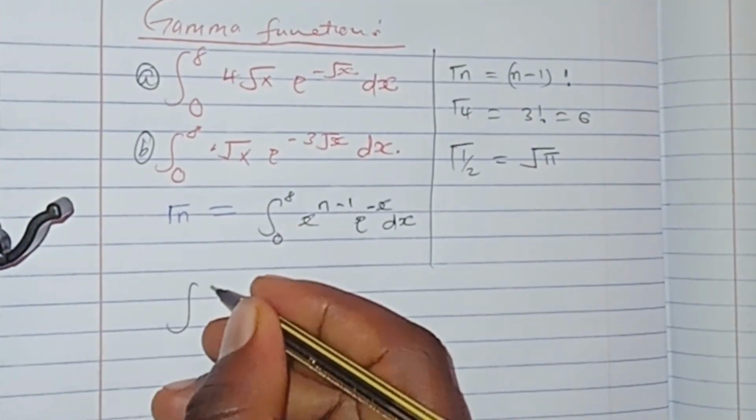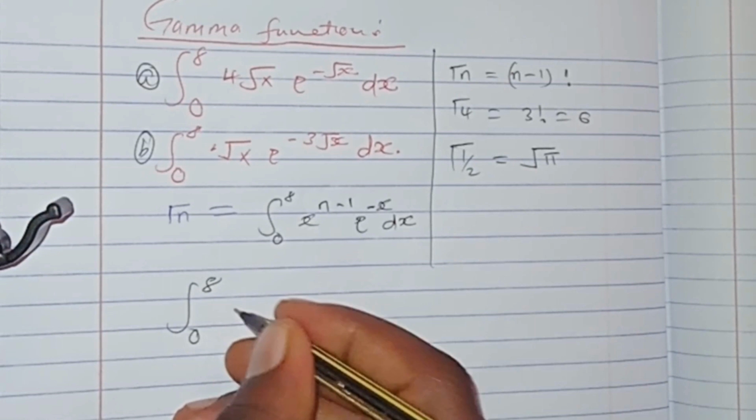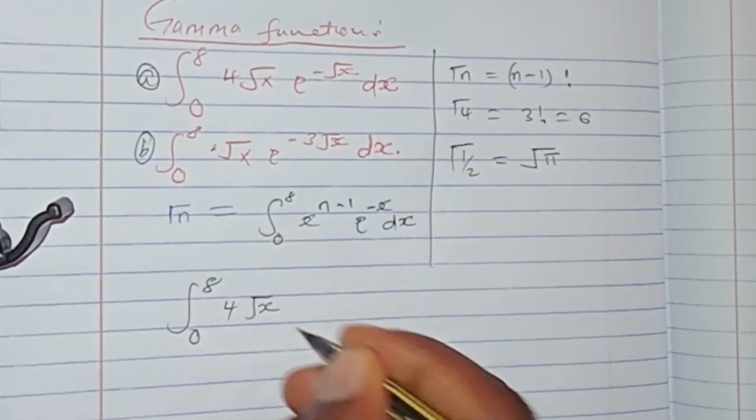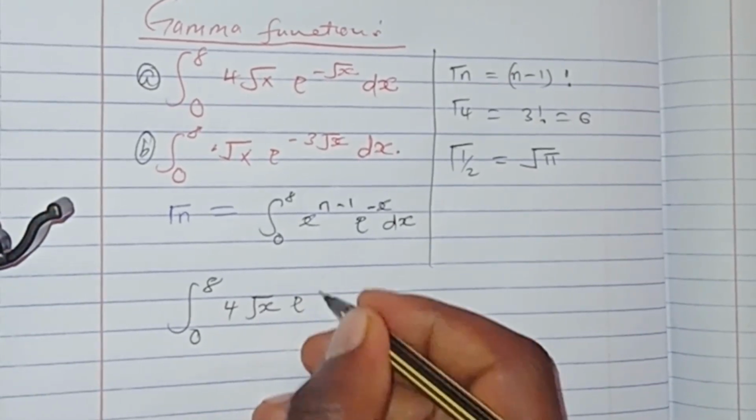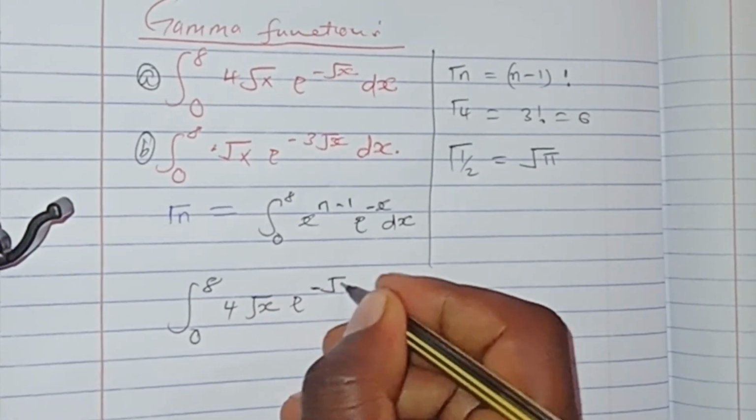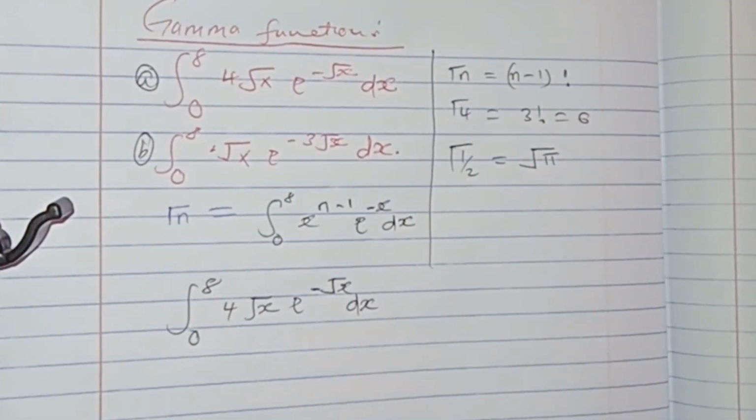A: the integral from infinity to 0 of the fourth root of x times e raised to the power negative root x dx.